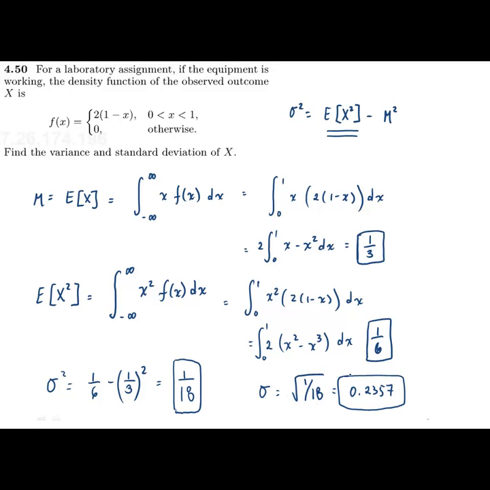Okay. So now we're going to transition to the next topic we cover in class, which is the discrete random variables and discrete probability distributions. This is problem 5.5 from your homework. And here we have an experiment in which approximately 30% of all pipework failures in chemical plants are caused by operator errors.